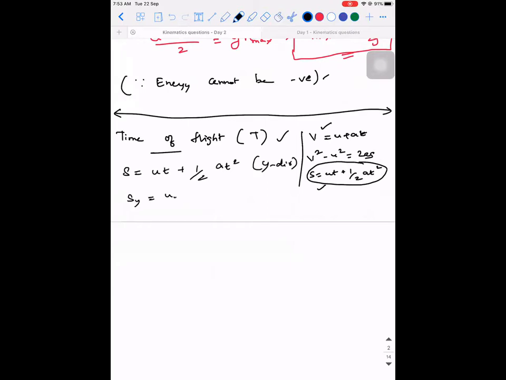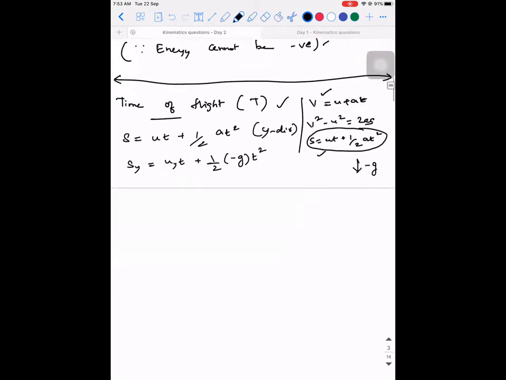What do we get? Sy is equal to uy into t plus half into, what is the acceleration of the object in y direction? Minus g. So minus g into t square. What is the displacement of the particle in y direction? 0 is equal to, what is the initial velocity along y direction?